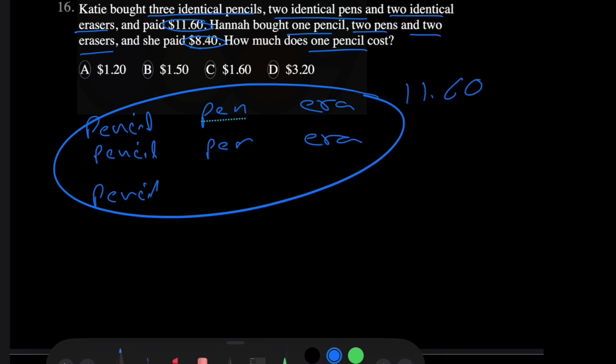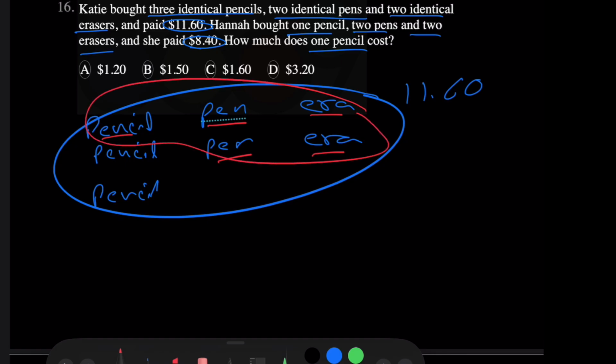Hannah bought 1 pencil, okay, 1 pencil, 2 pens, and 2 erasers, and this costs $8.40. So the remaining is 2 pencils.